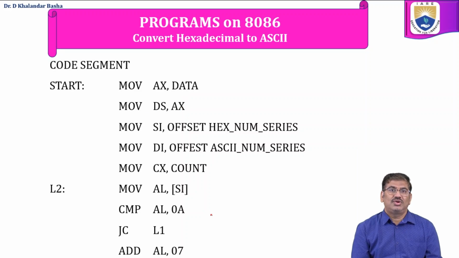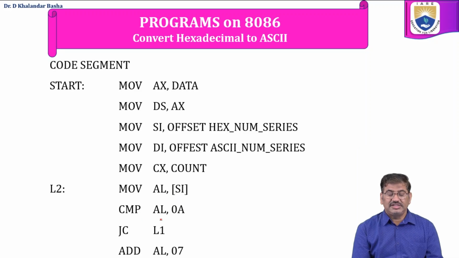For fetching the address of the input, that is the series of numbers, into the SI register, and the target location, that is the ASCII numbers, into the DI register. How many values we are going to convert, we load into the CX register with the variable count. For fetching each and every number from the source data, MOV AL, [SI], where SI will point to the hexadecimal number.